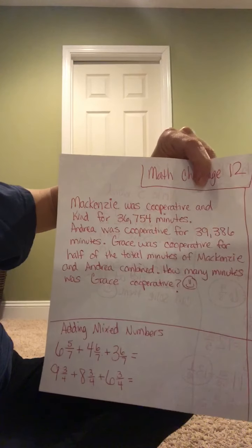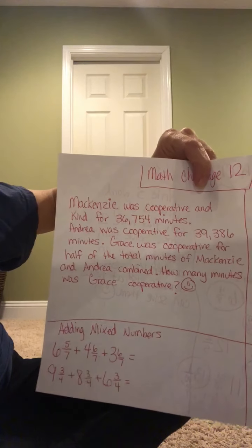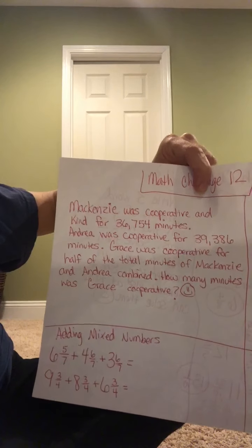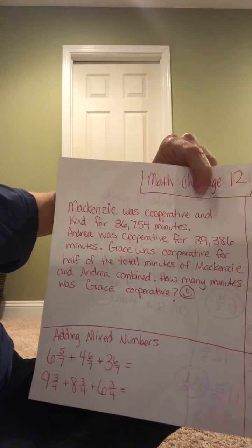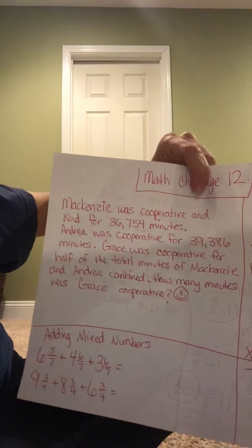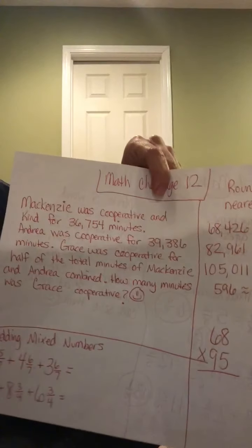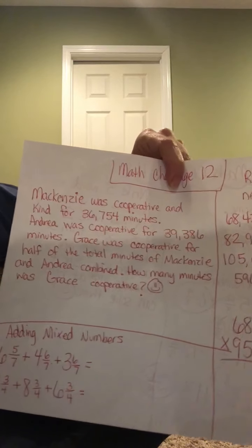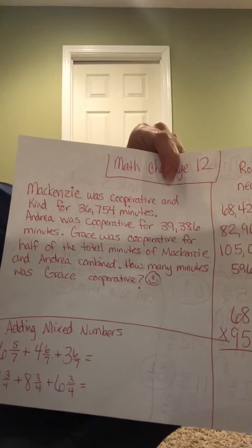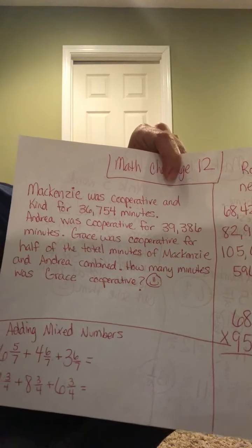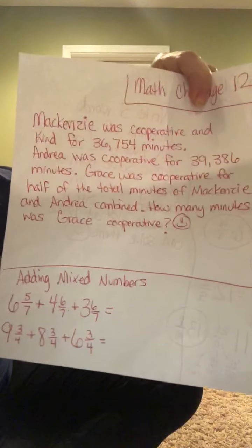Grace was cooperative for half of the total minutes of Mackenzie and Andrea combined. How many minutes was Grace cooperative? Okay, so 2 steps. You need to find the total first before you can figure out what half of it is for Grace.